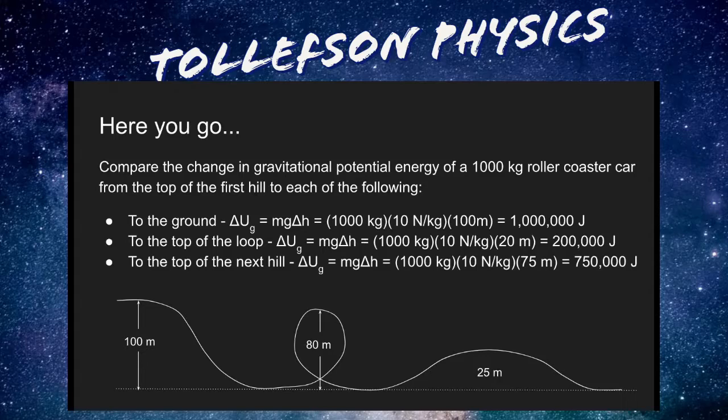Same with the top of the next hill. So if we compare 25 meters to 100 meters, then we have a difference of 75 meters. And so the change in gravitational potential energy is going to be 750,000 joules. So keep practicing and you'll get better.